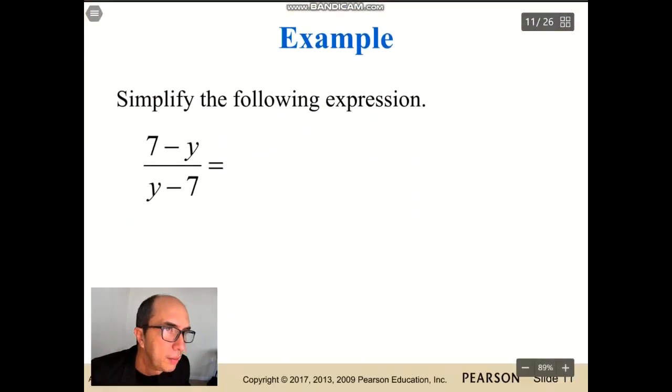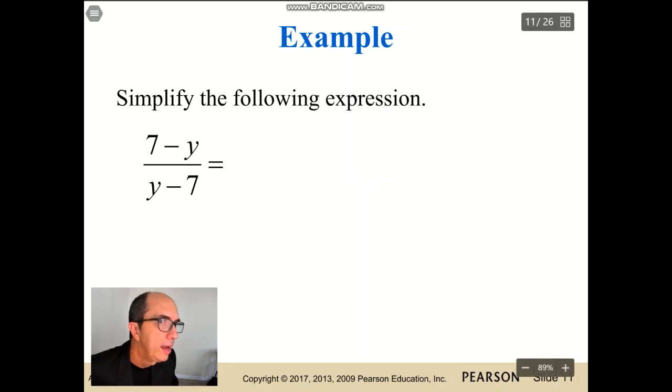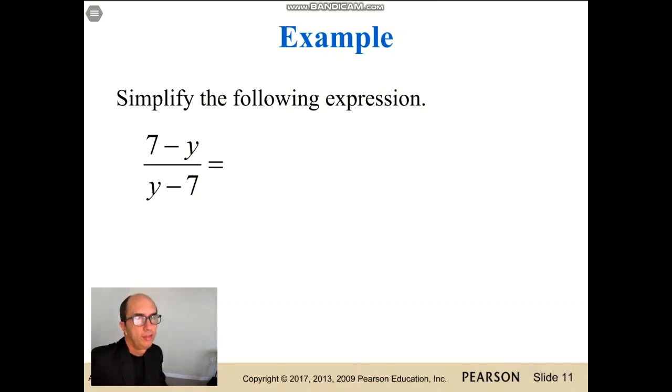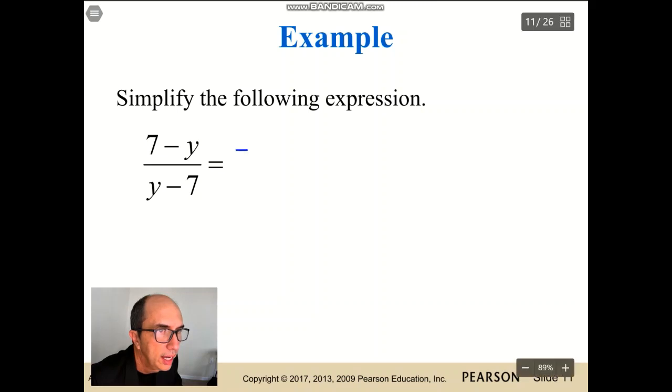Moving on to the next example. Now we have 7 minus y over y minus 7. Can we simplify this? Let's think about it. Let's rewrite this as negative y minus 7, because I can see it's the same but with the inverted sign.